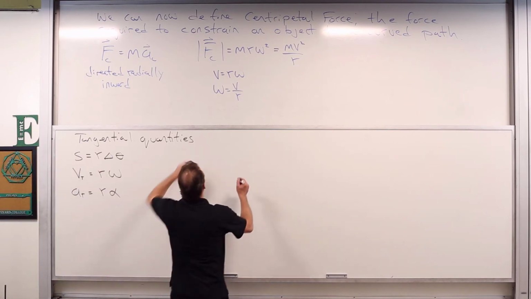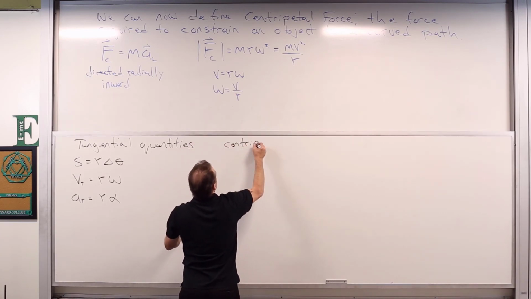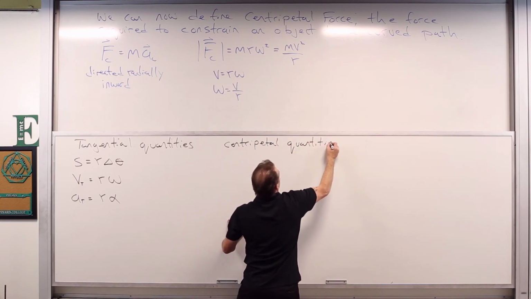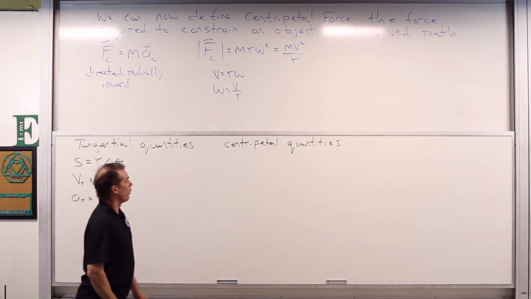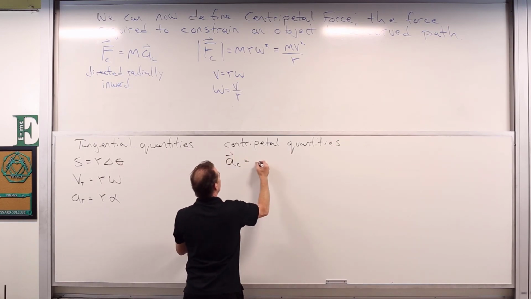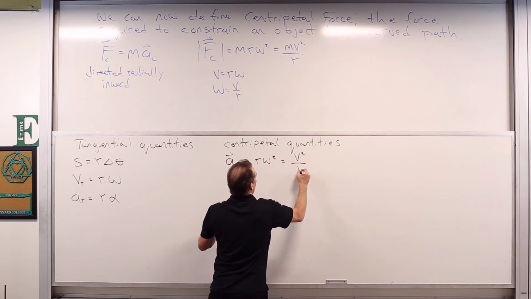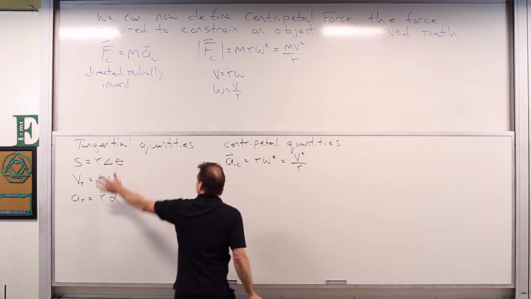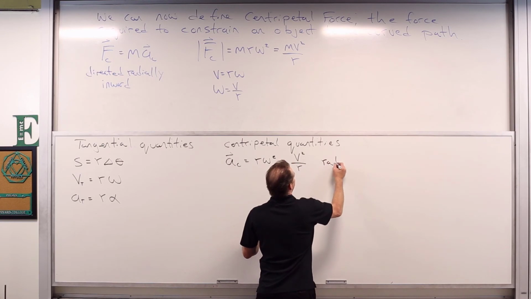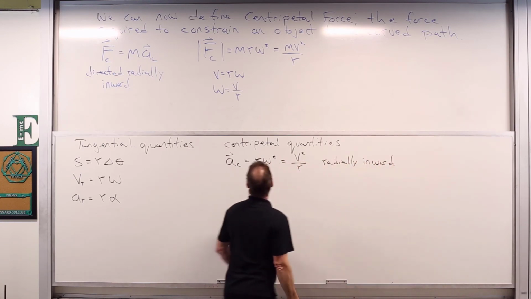And then we had centripetal quantities, which really just correlate with centripetal acceleration. a sub c is equal to r omega squared, which can also be written as v squared over r via the tangential quantities here, and it's radially inward.